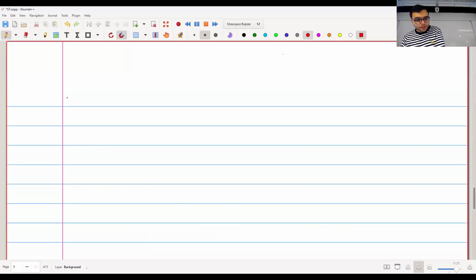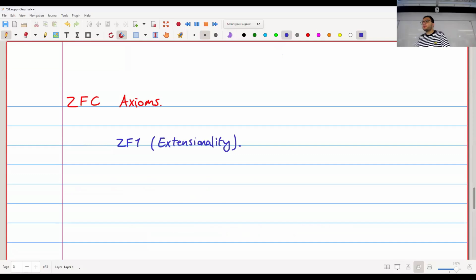Now, finally, the axioms. ZFC axioms. So this is basically telling you what you can do with sets and how you can create new sets and so on. So we have axiom 1, and this is called extensionality. Now, I'm going to write my axioms in my language L as well, right?